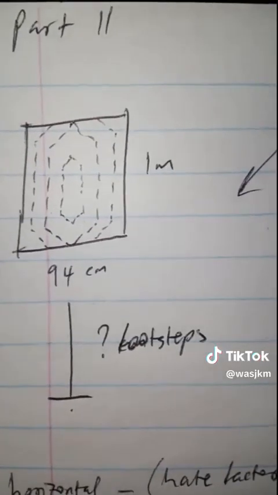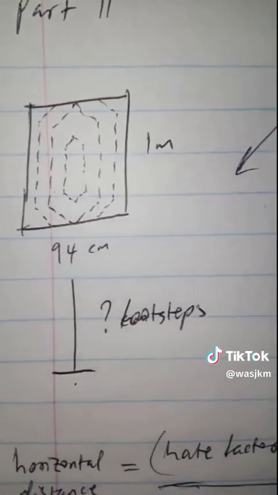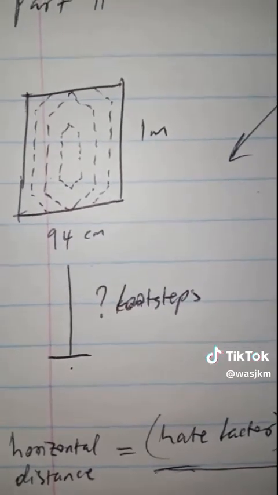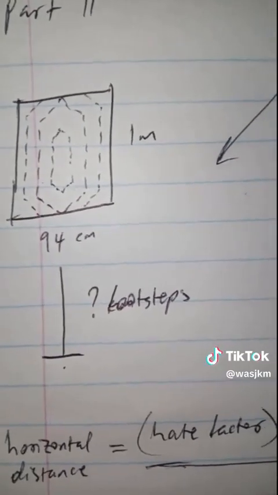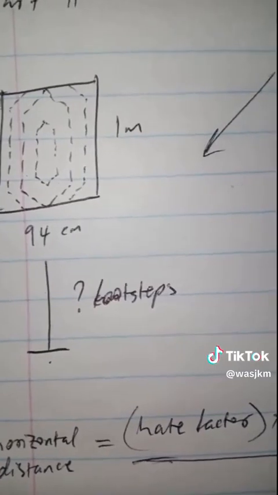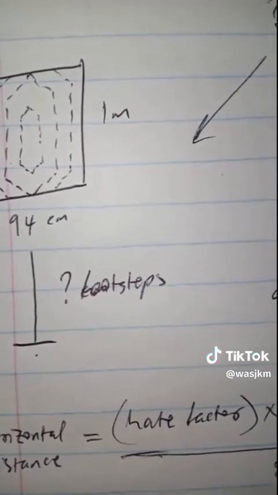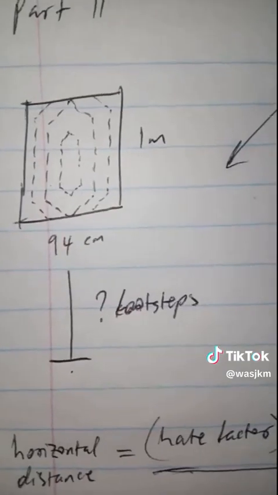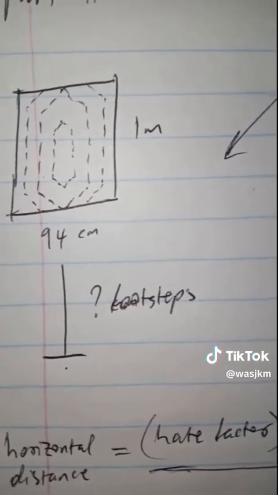And for this next part, I'll show you how to find out how many footsteps to take when you've already drawn your target board. And this is also easy and quick.